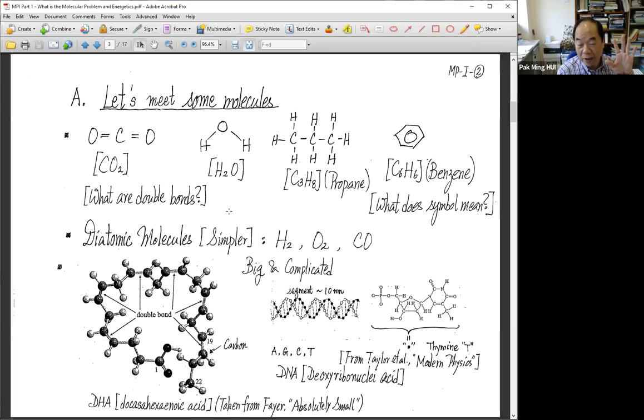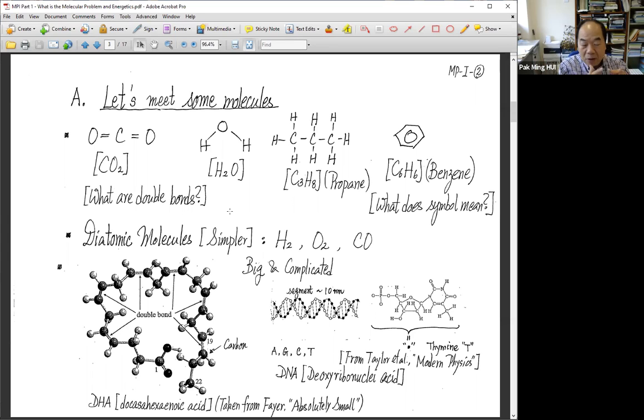And when we understand that, we will see that even in that simple system, the binding is highly quantum mechanical. We cannot avoid it, okay? In the past, in high school, you have this weak statement: the electrons live somewhere in the middle of the 2 nuclei, so making use of the Coulomb attraction to the left, to the right, everybody is happy. Well, I would say those statements are so cleverly crafted, so vague that you cannot say they are wrong, but you don't know what they are talking about.